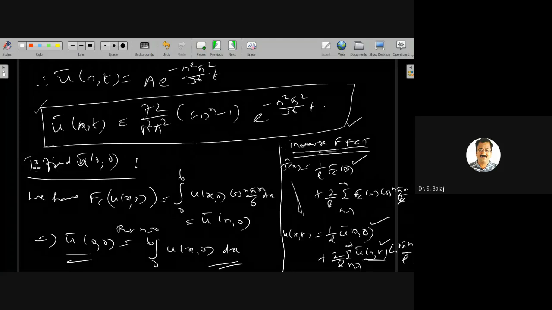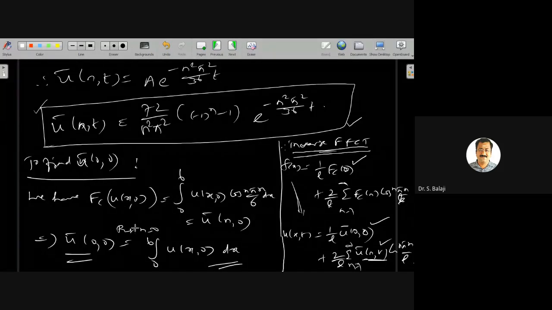To find u bar of (0, 0): u bar of (n, t) is already completed here, and for u(x, 0) we have t equal to 0.